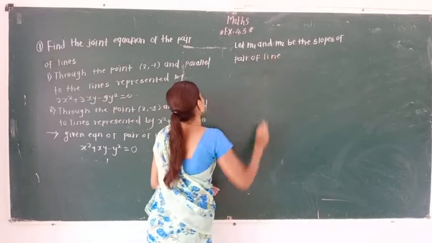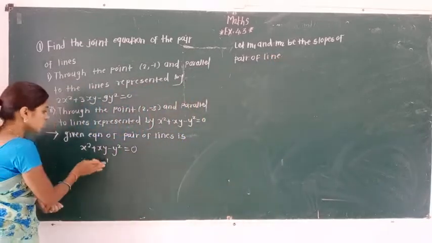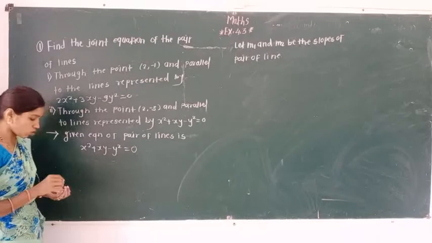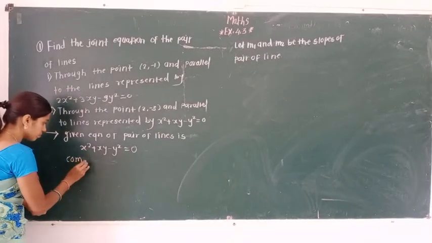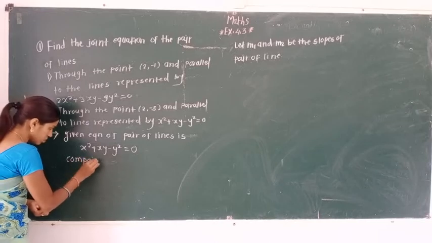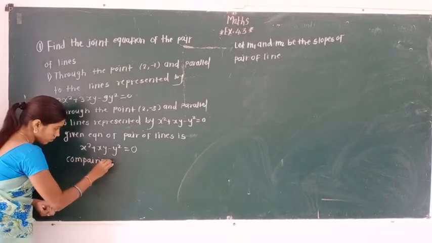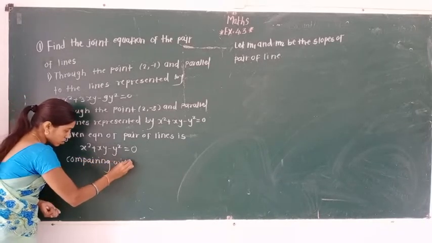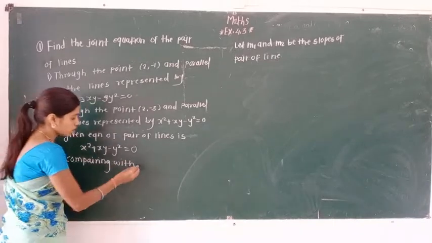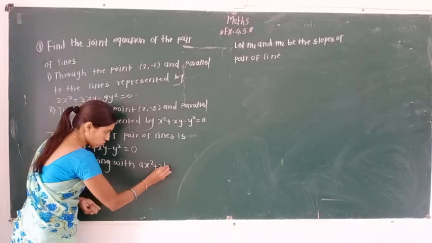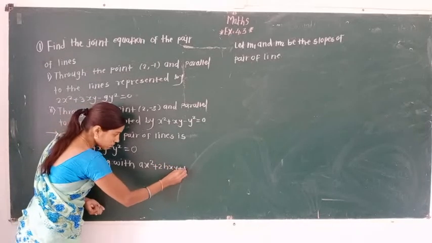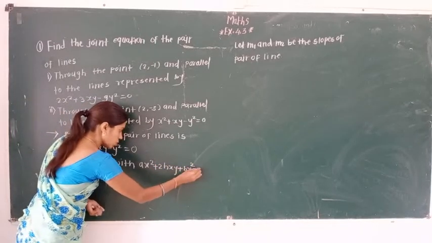Now first of all we have to compare this equation to the homogeneous second degree equation, which is ax square plus 2hxy plus by square is equal to 0.